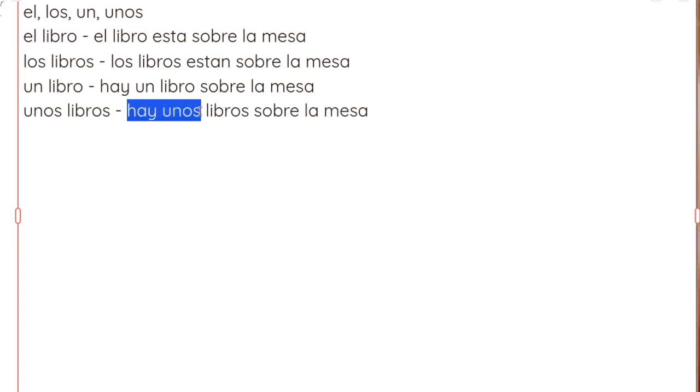So here in English, it will change to there are some, unos, some books on the table. There are some books, or you can just say there are books over the table or on the table. So that's that. I hope that you see the difference.